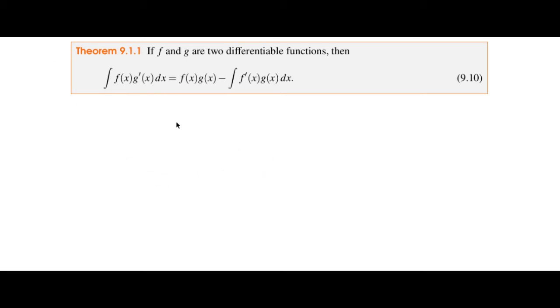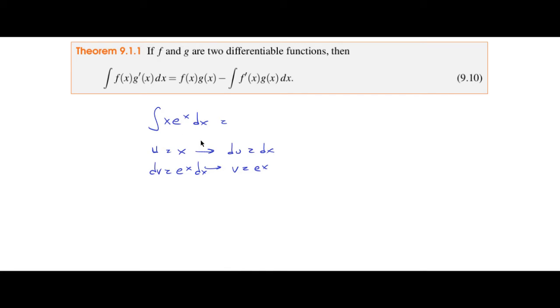A very classical example of the application of this formula is to compute the primitive of x times e to the x. Typically, whenever we have an exponential, we want to use it as our g prime, or dv if you want, and u is going to be x. So du is dx, and v is e to the x, using the notation that most of you will have seen.